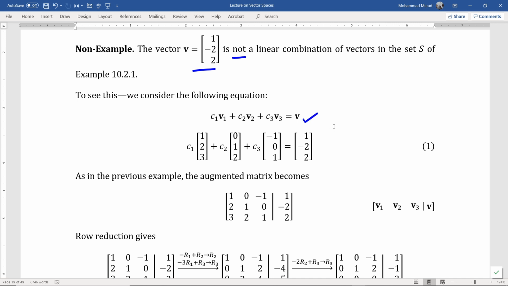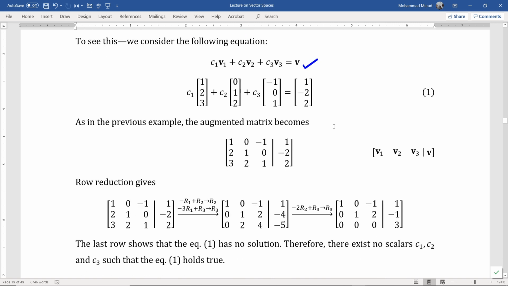We want to solve this vector equation for C sub 1, C sub 2, and C sub 3. Following the same procedure, we end up with this reduced row echelon form of the augmented matrix.